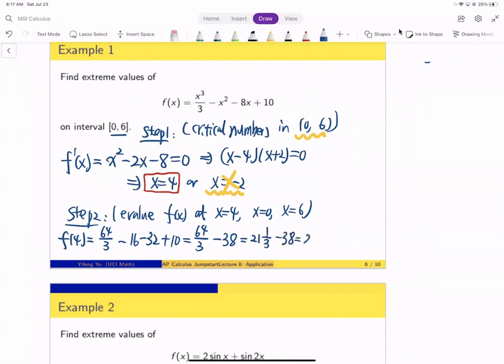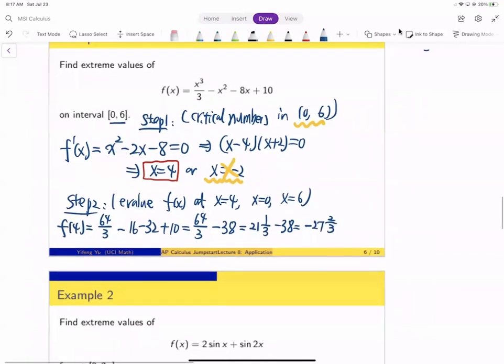So we get negative 16 2/3... so this is a negative number. Now let's calculate f(6).